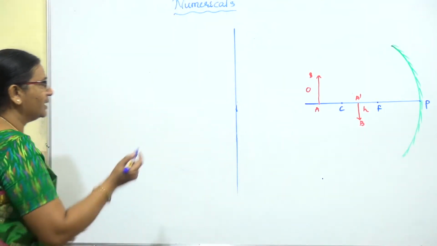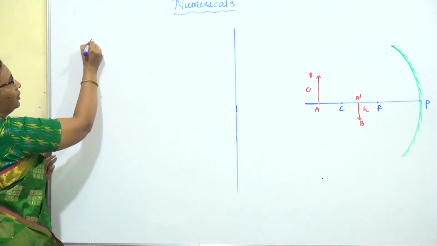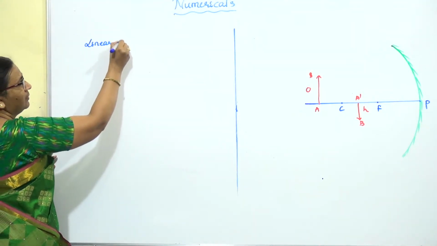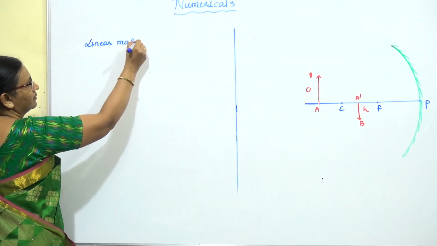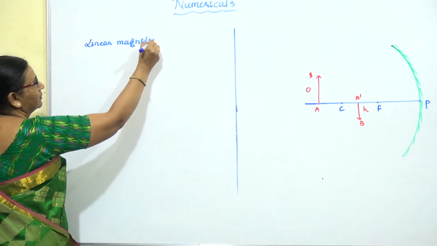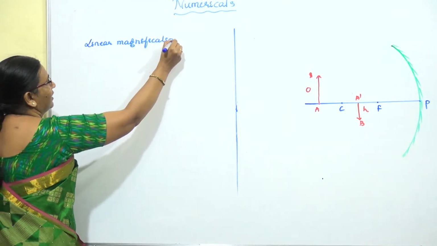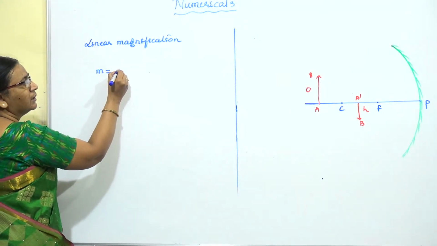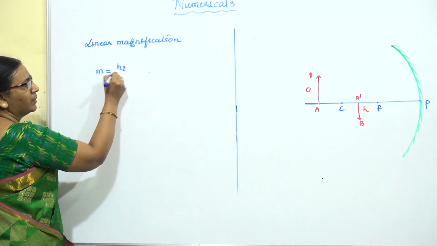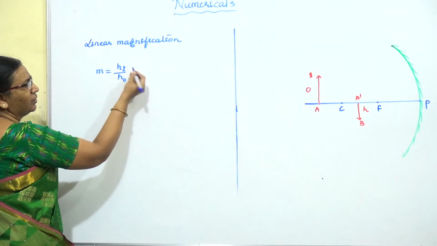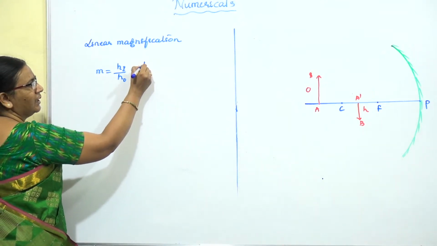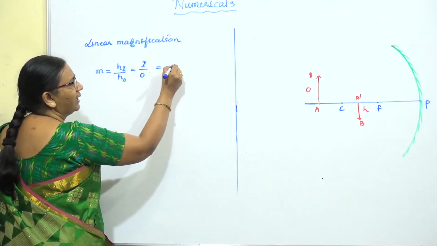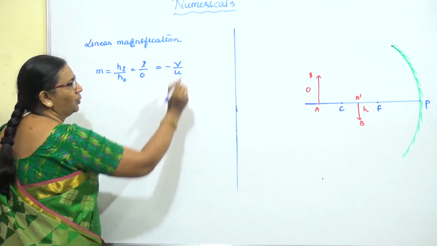I had told that this is known as linear magnification, which is given by m equal to height of the image by height of the object, or you can use the notations I divided by O, which we got further as m equal to minus v by u.